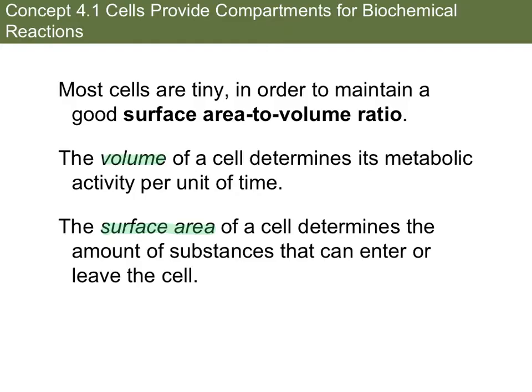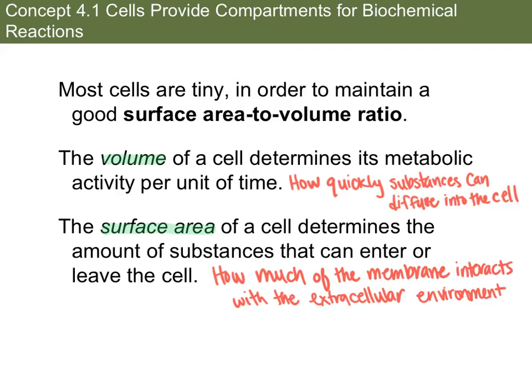Another way to think about this is that the volume of the cell is going to determine how quickly substances are going to be able to diffuse from the outside toward the center, whereas the surface area can be thought of as how much of the cell's surface or plasma membrane interacts with its external environment. Both of these factors are important to cells, and it's these factors that are going to influence the size of cells.